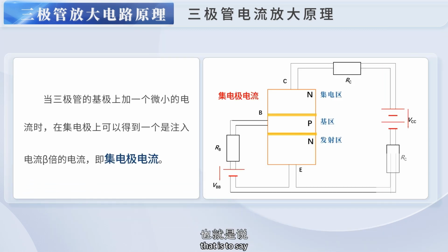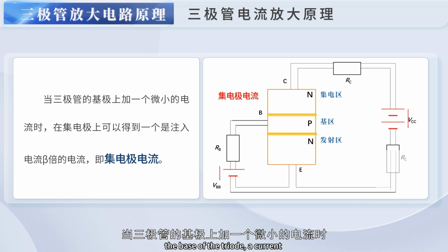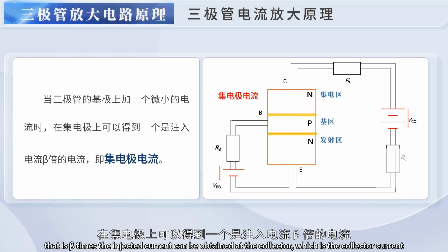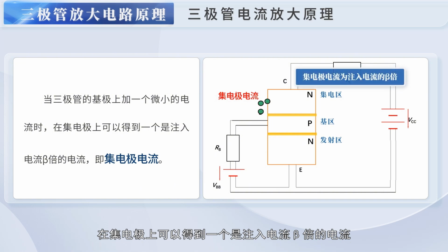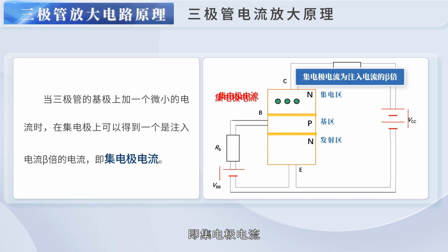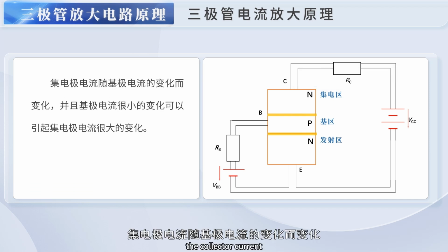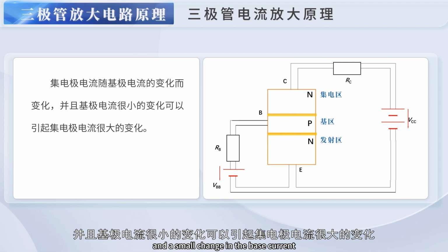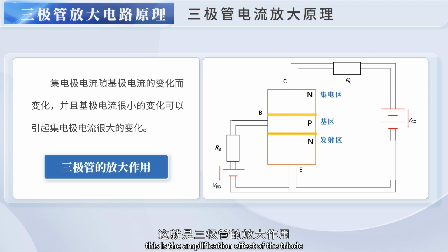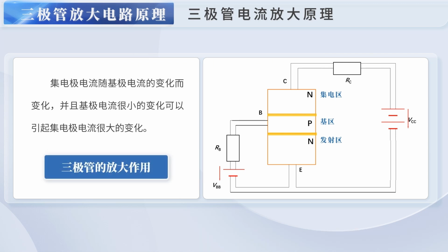That is to say, when a small current is applied to the base of the triode, a current that is beta times the injected current can be obtained at the collector, which is the collector current. The collector current varies with the change of the base current, and a small change in the base current can cause a large change in the collector current. This is the amplification effect of the triode.